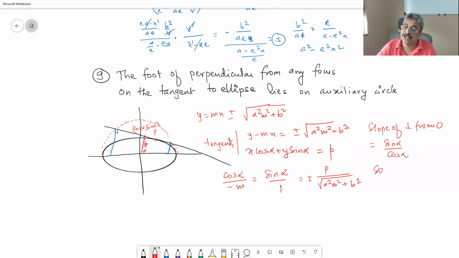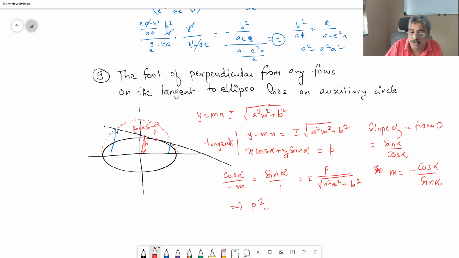Therefore the slope of the tangent m is equal to minus cos alpha upon sine alpha.